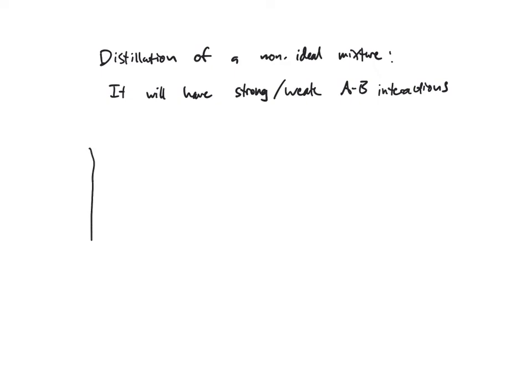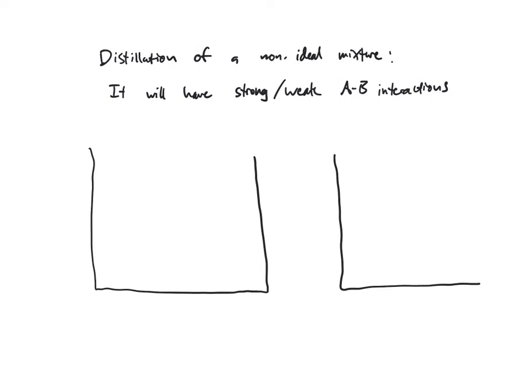So what I'm going to do then is draw out a couple of diagrams similarly to what I did on the last slide, where we've got the boiling temperature on each of these slides, and then we have the mole fraction of each of them as well.